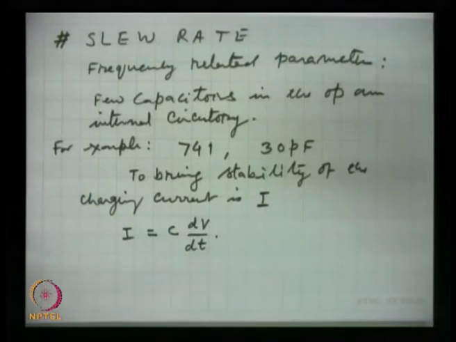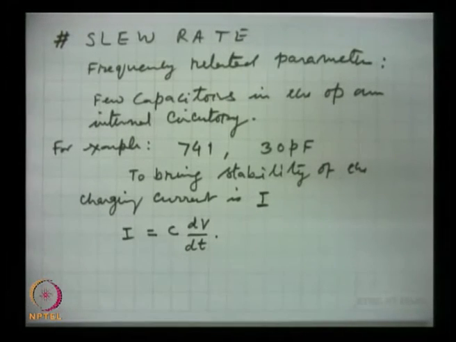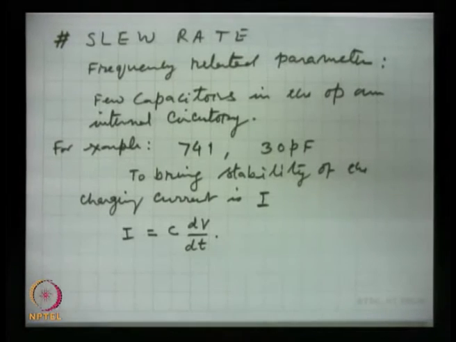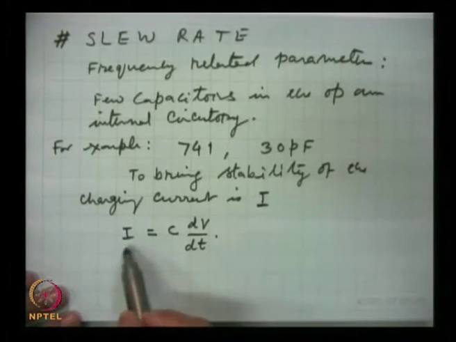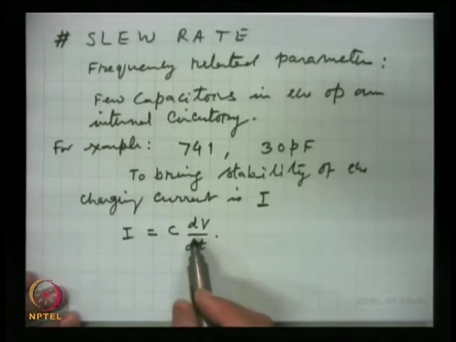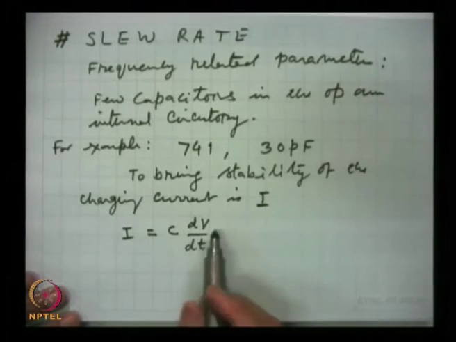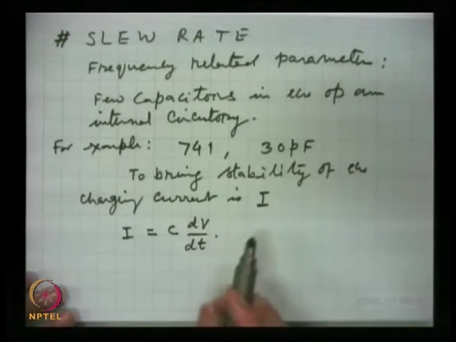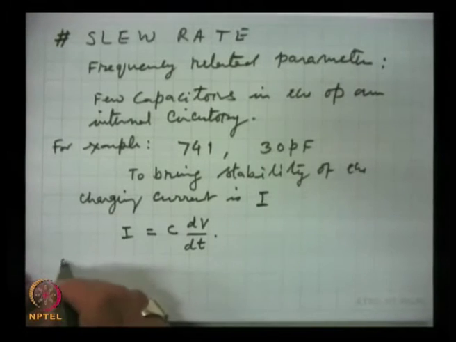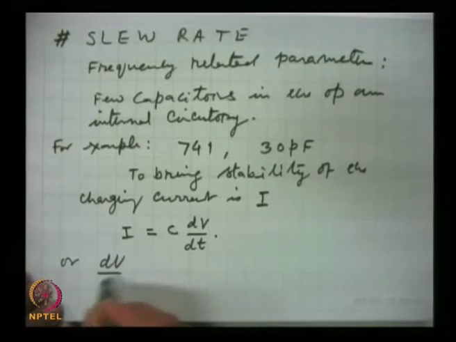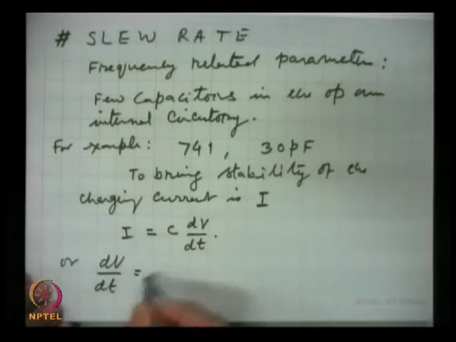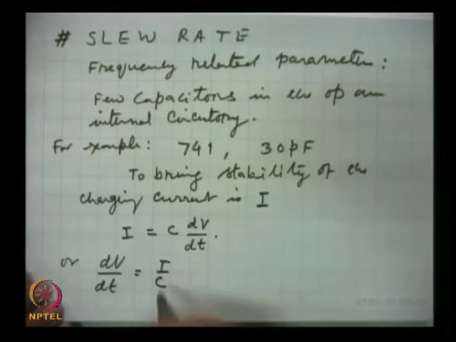This is from the basic theory of capacitors, that if I is the charging current, then the rate of change of the voltage across the capacitor is given by this, or dV by dt is I by C.